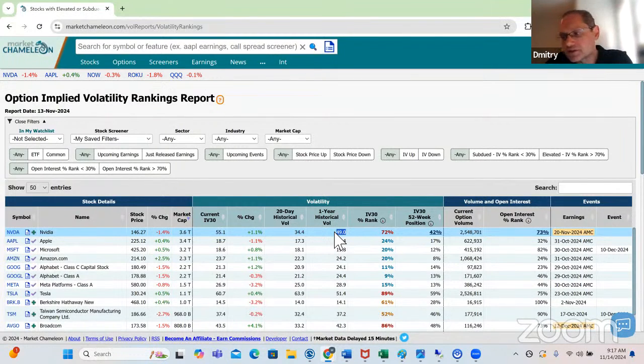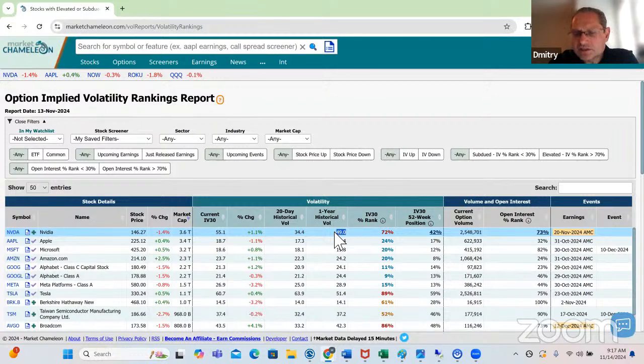Or it could trade below its realized volatility. If a lot of traders are using options to sell premiums, it could depress option prices to the point where implied volatilities trade below the realized vol.